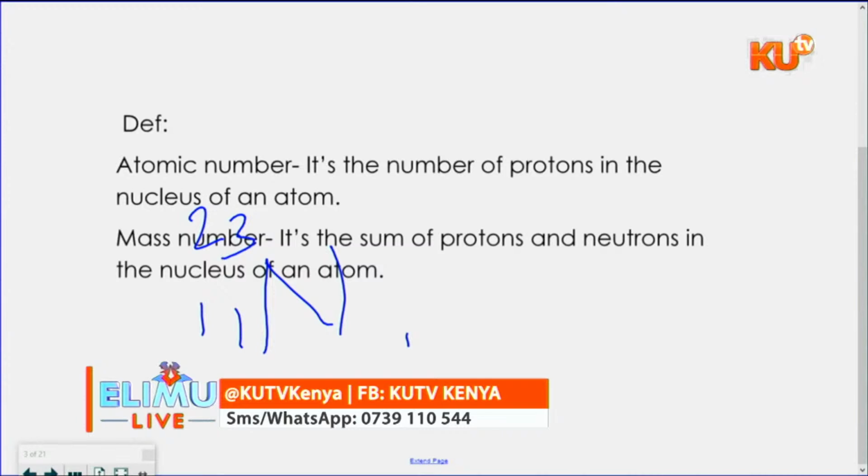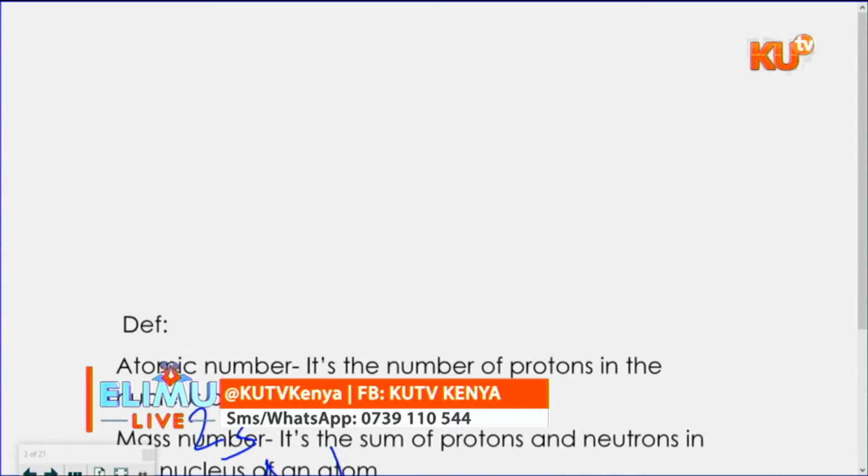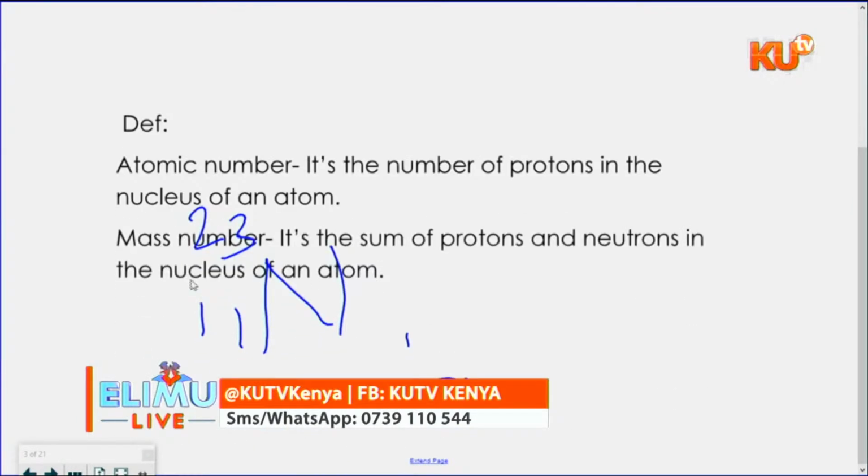What does 11 represent? 11 represents the atomic number, while 23 represents the mass number. If you are asked how many protons are in that atom, the symbol is Na, not N. N is for nitrogen.